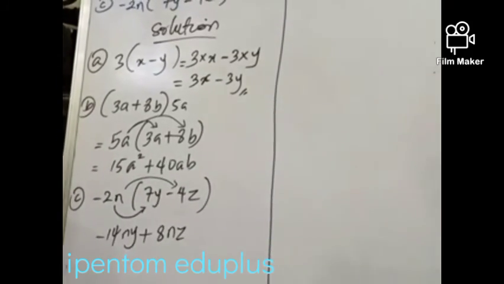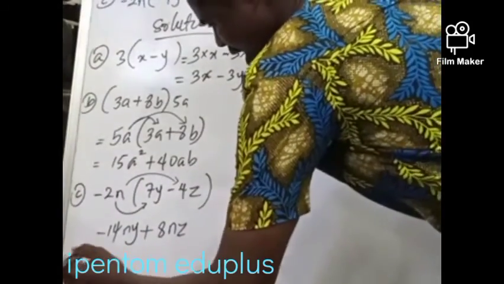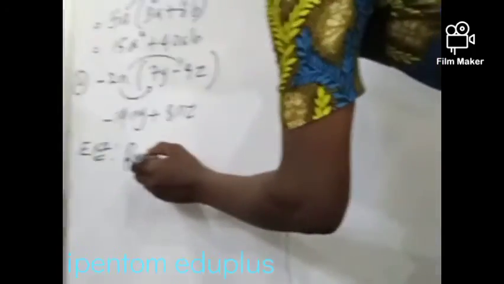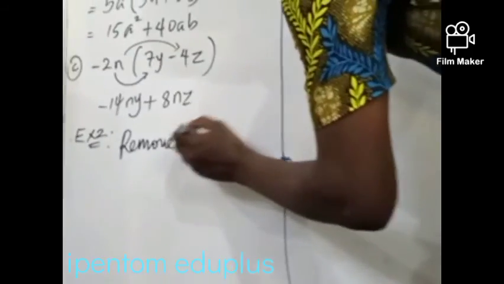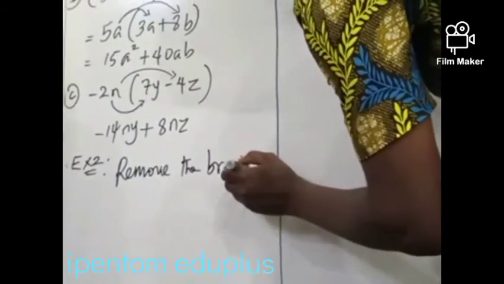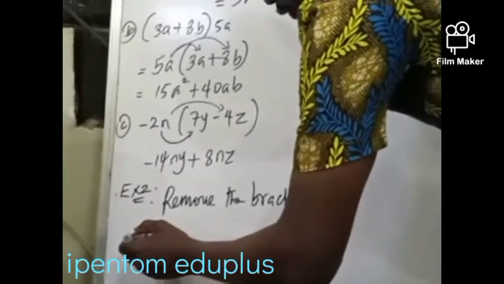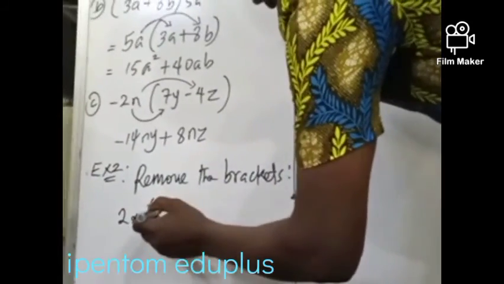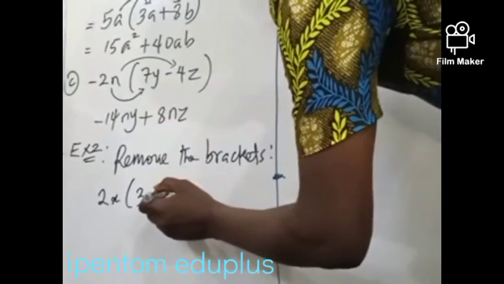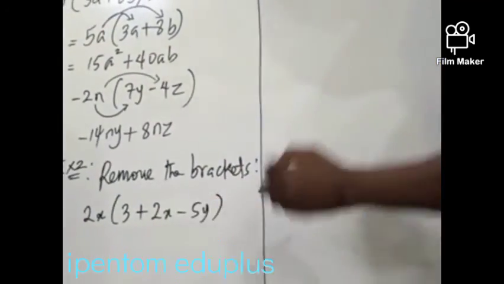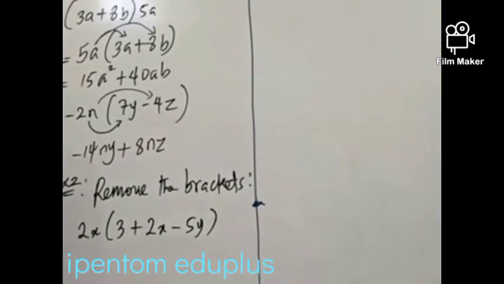Another case you can have, for example, example 2, if I'm given an instruction to remove the bracket, let's say I have 2x into 3 plus 2x minus 5y.